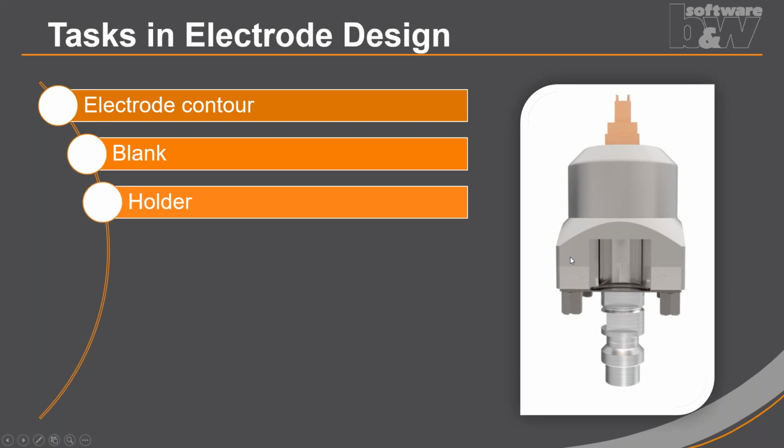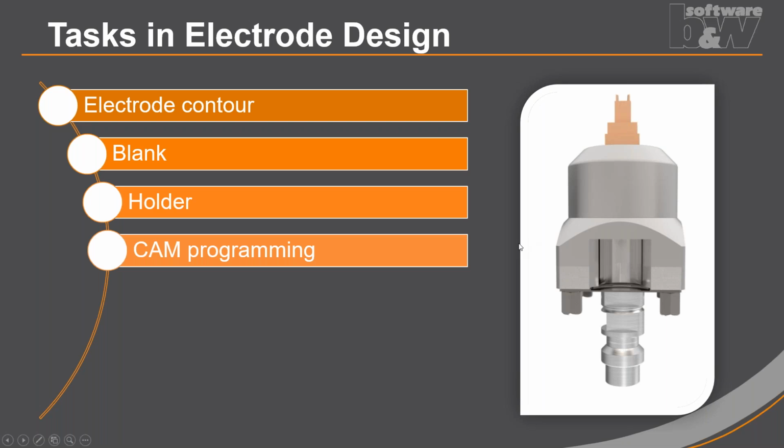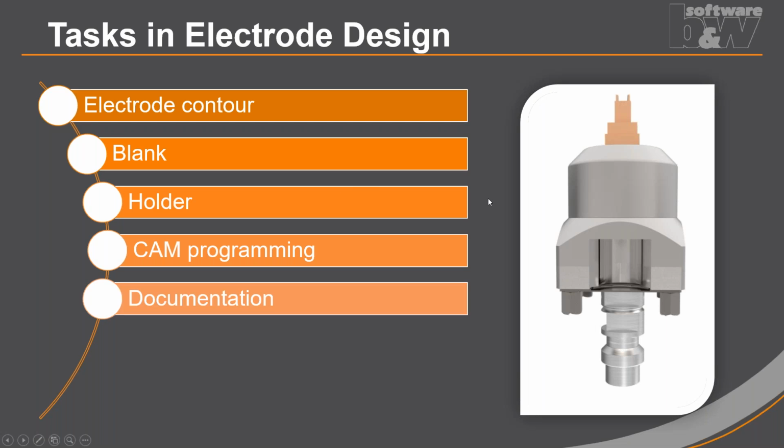Depending on the requirements in the following process, we maybe also need a holder model if we have to get the position of that holder model. We need to transfer data to CAM programming, maybe as STEP or IGES file, or the programming is done directly in Creo NC, maybe using the templates integrated in Smart Electrode.